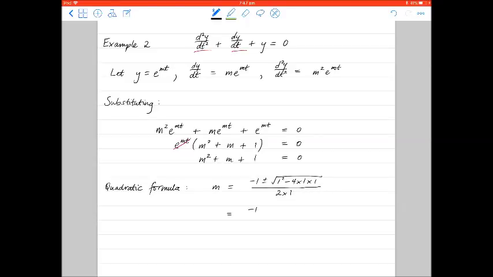So this is equal to negative 1 plus or minus the square root of 1 minus 4, that's the square root of negative 3, over 2.